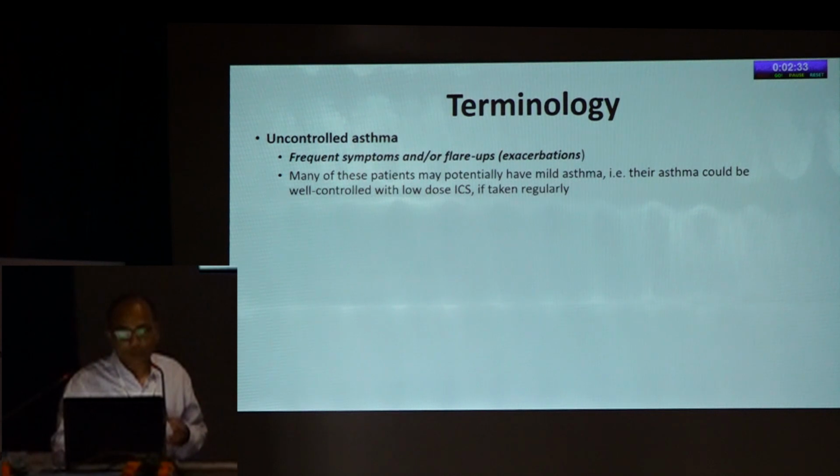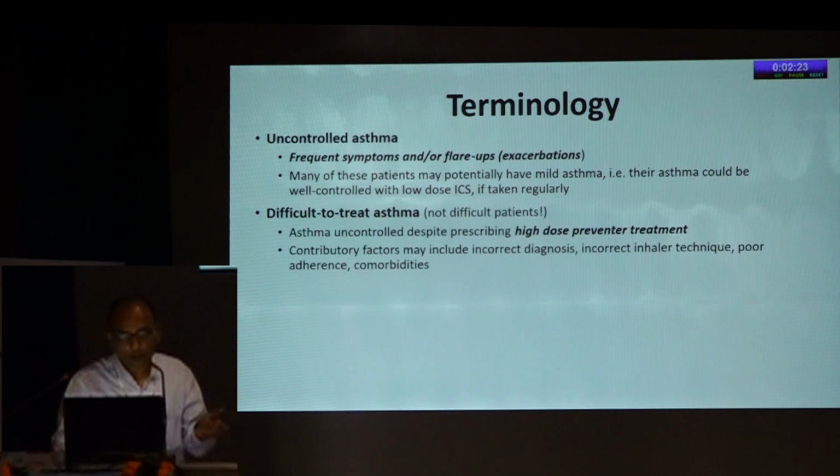In terms of terminology, uncontrolled is where there are frequent flare-ups and symptoms, but the child could be very well controlled even with low dose appropriate inhaled corticosteroids. He's not taking that, so that's uncontrolled. Difficult to treat: the disease is difficult, not the patient. Prescribing high-dose preventive treatment and addressing contributory factors like incorrect diagnosis, technique, adherence can take care of this.